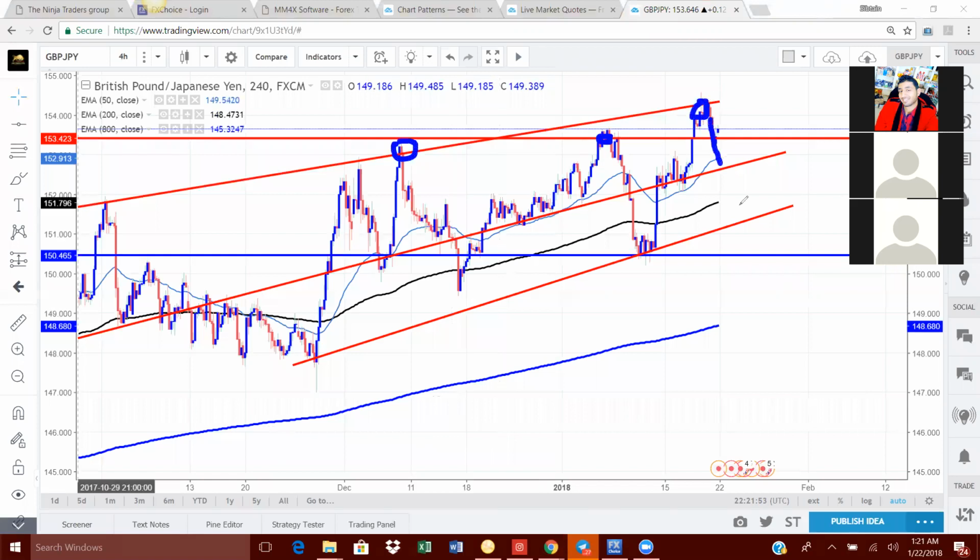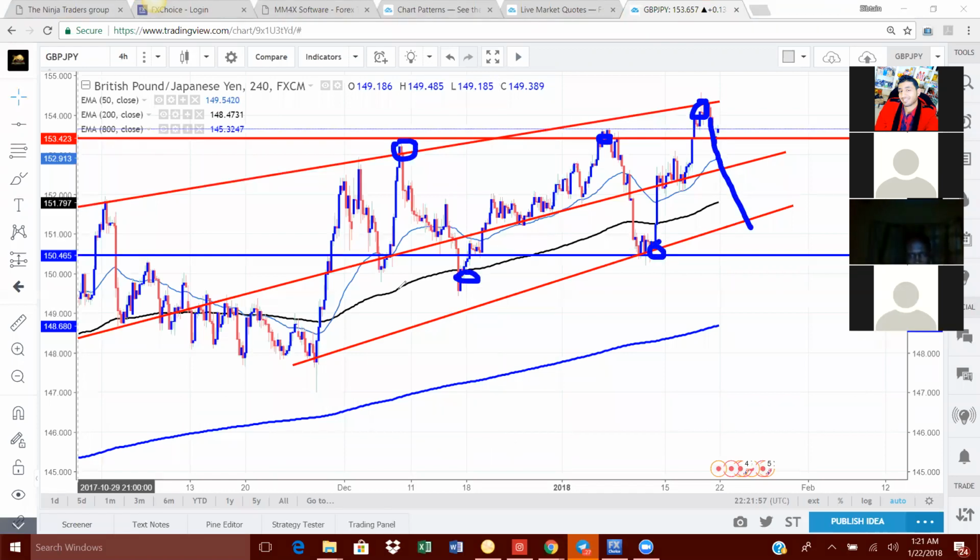So it should come down to this support, support, support, and this was support. So GBP JPY is looking for a sell till 250 pips. So we'll catch at least 200 pips from it. We'll not lose that because we will follow the real price action.